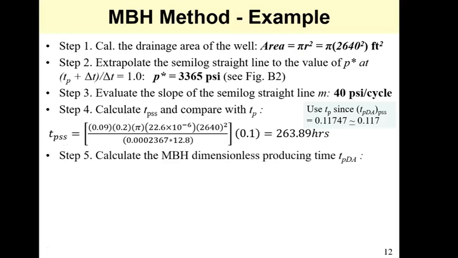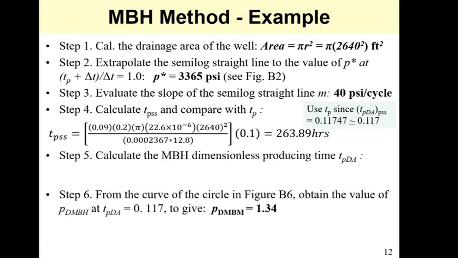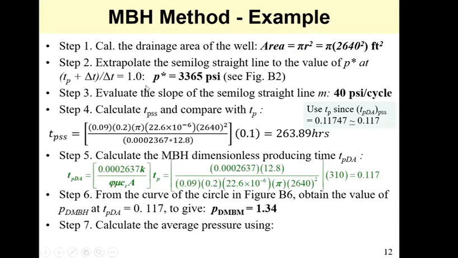So I've shown the extrapolation of the Horner straight line to give P star, and then everyone knows how the slope of the straight line is obtained.